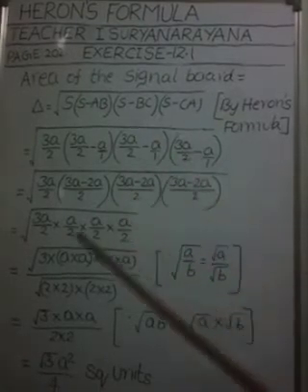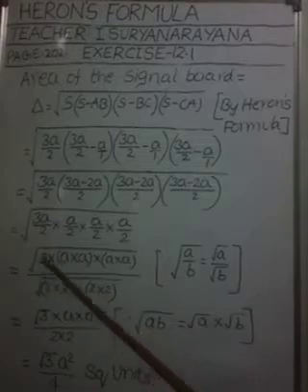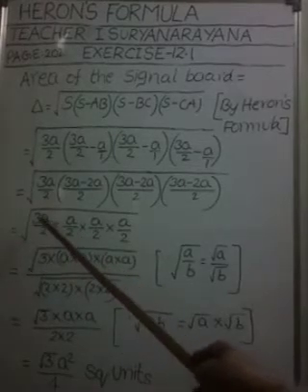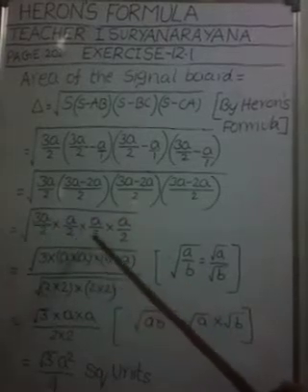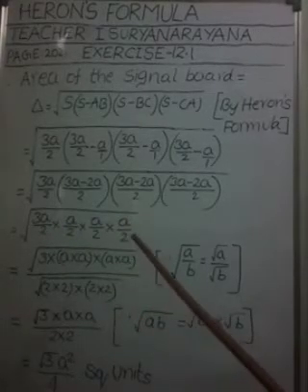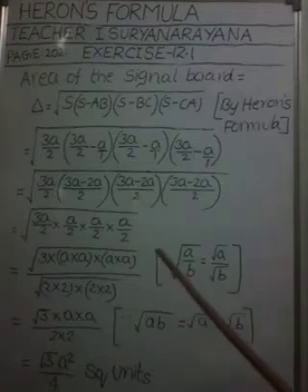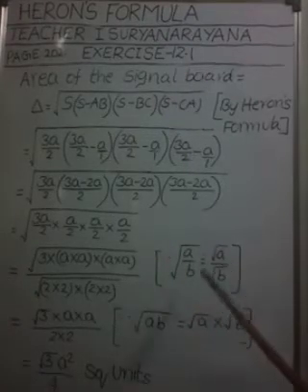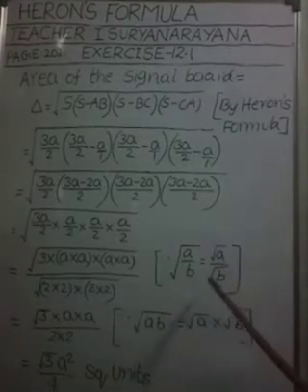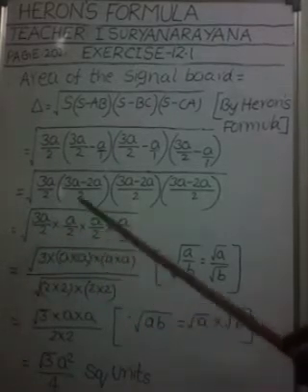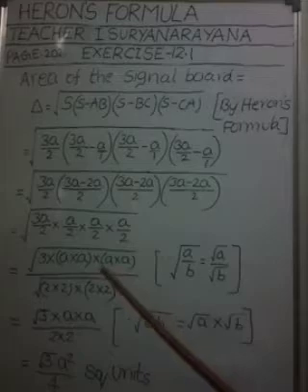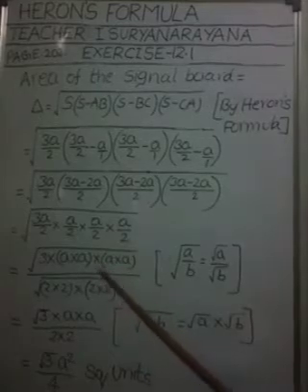This is equal to square root of 3a into a by 2 into 2 into 2. So by using the laws of exponents, square root of a by b is equal to square root a by square root b. This is the numerator, here the denominator. So we can find the square roots of numerator and denominator separately.